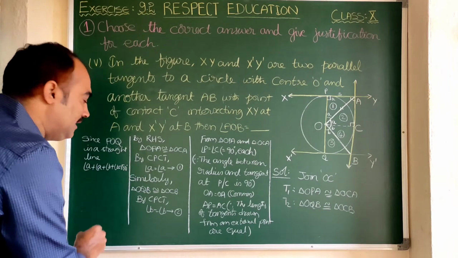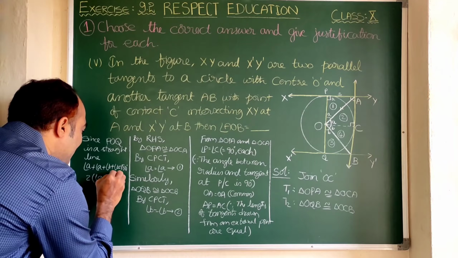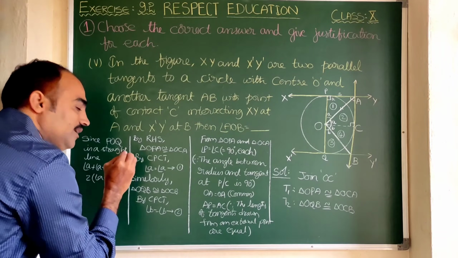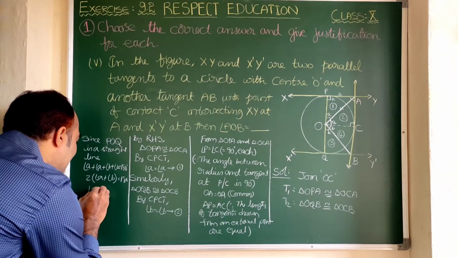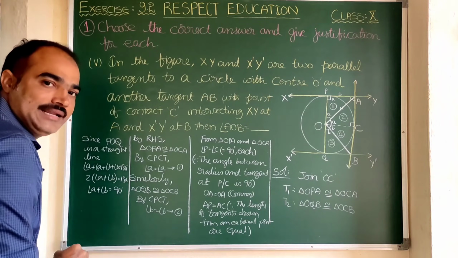It's a straight angle. So let us write 2 times angle A plus angle B is 180. So we can say angle A plus angle B is 180 by 2, which is 90 degrees.